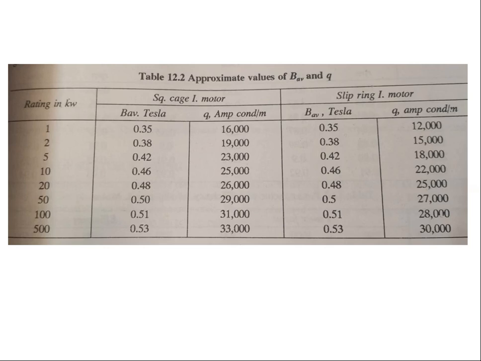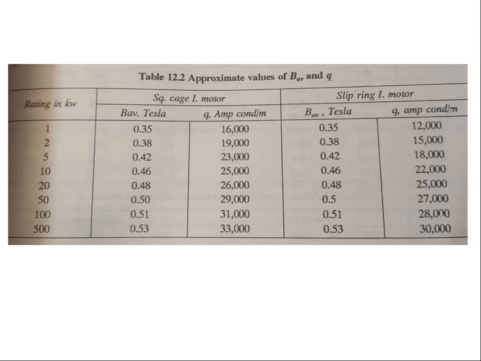So we have to have a smaller value of specific electric loading. Okay, so this will give us the approximate values of specific magnetic loading and electric loading for the two types of induction motors that we have, the squirrel cage induction motor and the slip ring induction motor.